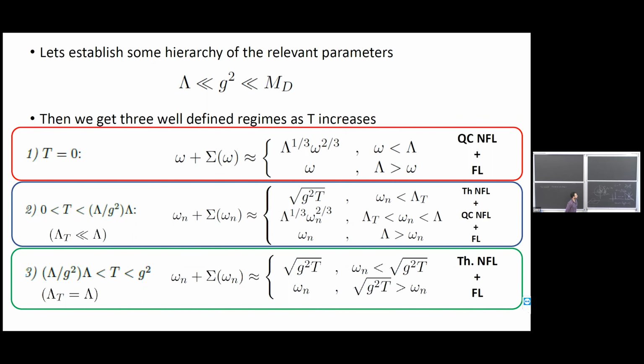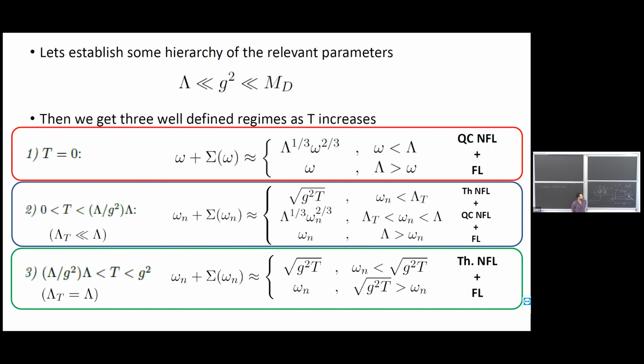The second region exists within a window of temperatures given by this: for the temperature bigger than 0 and less than this scale lambda over g squared. Lambda is written this way in order for you to realize that this is lower than lambda. And in this window of temperatures, we will find the two non-Fermi liquid scalings.